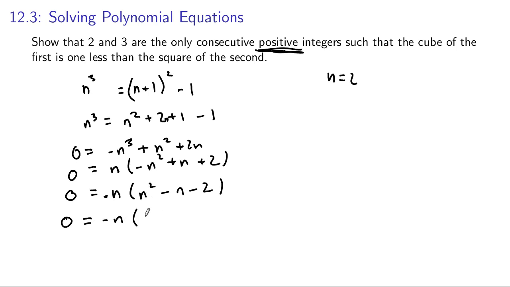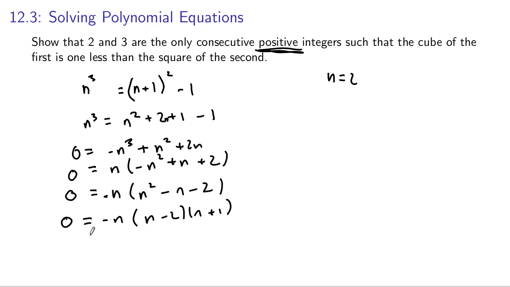So we have n minus 2, n plus 1. So we have minus n times (n minus 2)(n plus 1). That works because you have n squared, minus 2, n plus 1, n is minus n, and then minus 2.